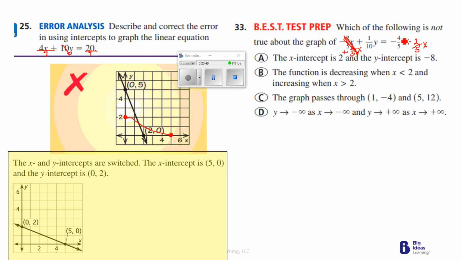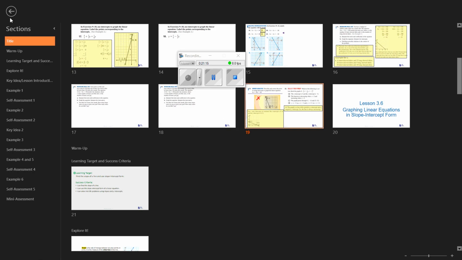That would put this multiplying 10 over 1, which gives me -40 over 5. And -40 over 5 is 40 divided by 5, which is 8, -8. So which of the following is not true? This is a true statement. Y would be -8, right? And x, if I made y 0, well, then I have to leave this one over here. Oops, sorry about that.